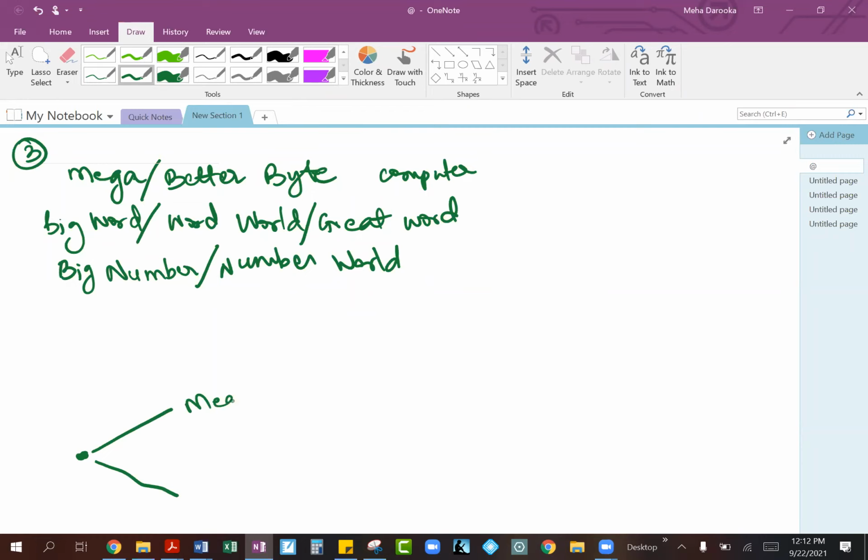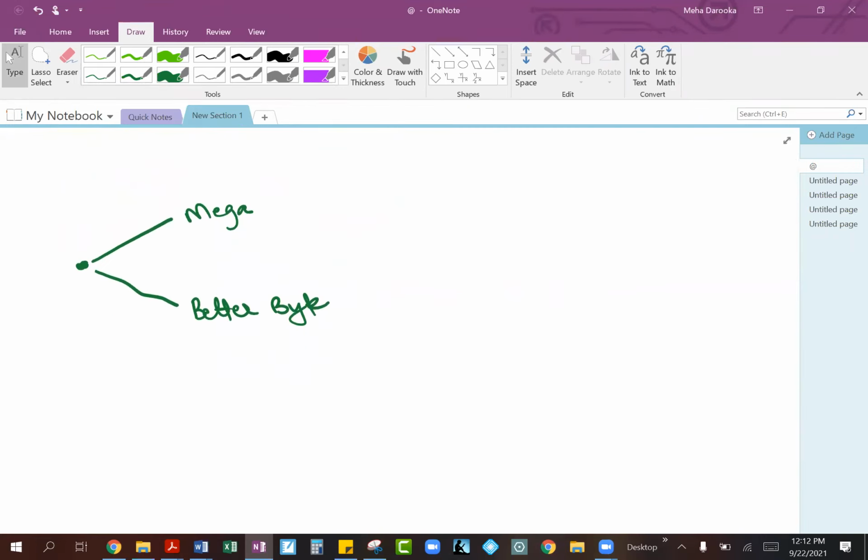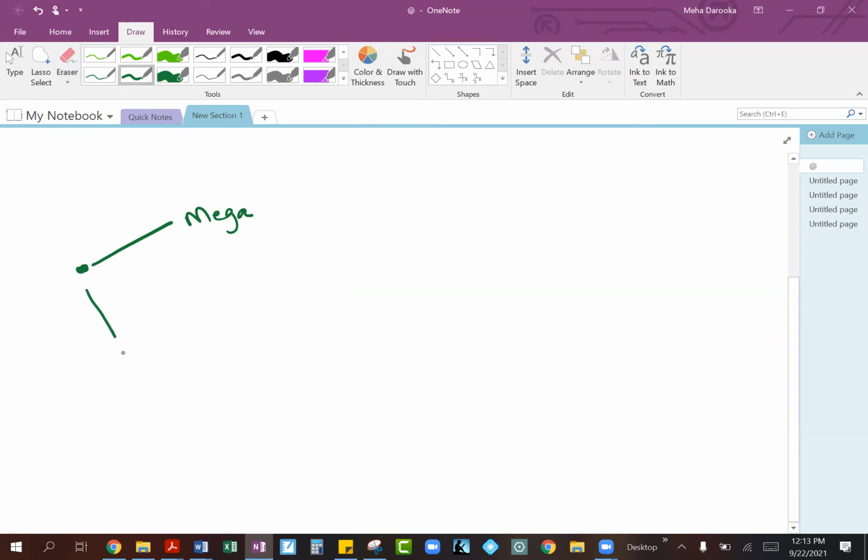So that's the Mega or the Better Byte. And we may have to make this a little bit more spread out, I think. Maybe move this guy a little bit lower. So that's the Better Byte.